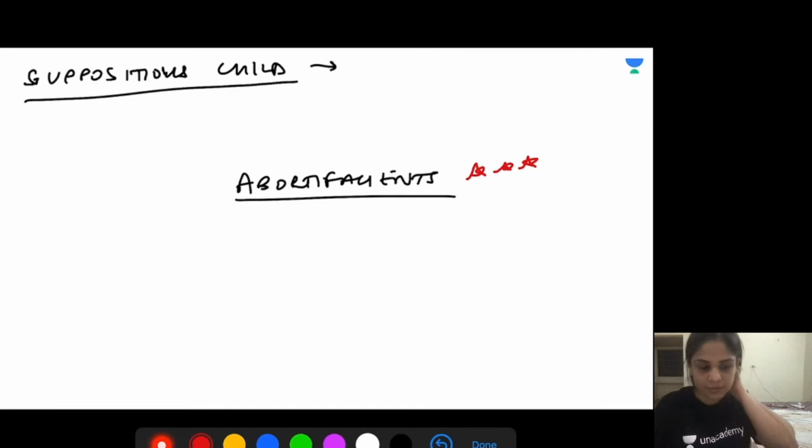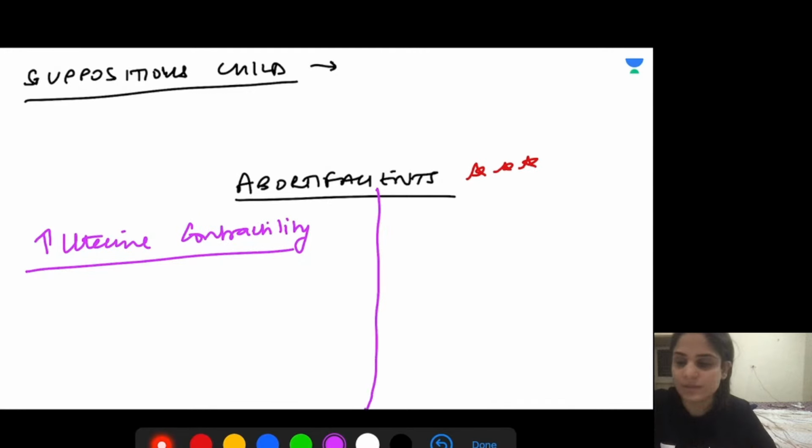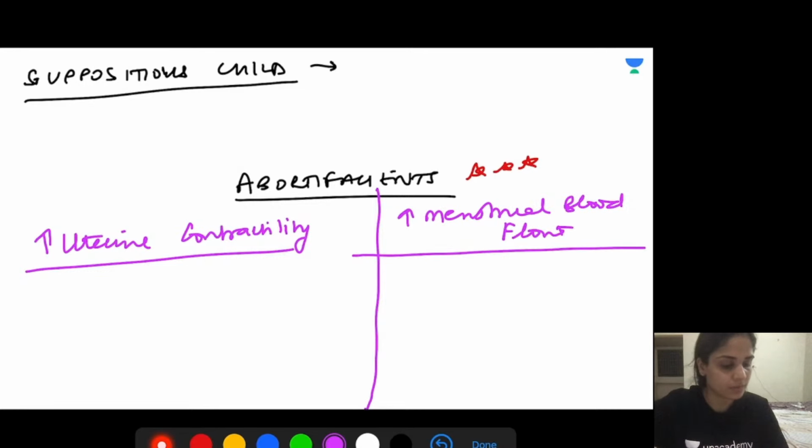So tell me the definition of a supposititious child, and meanwhile I will give you two types of drugs acting as abortifacients: by increasing uterine contractility, and second, drugs which act as abortifacients by increasing the menstrual blood flow.